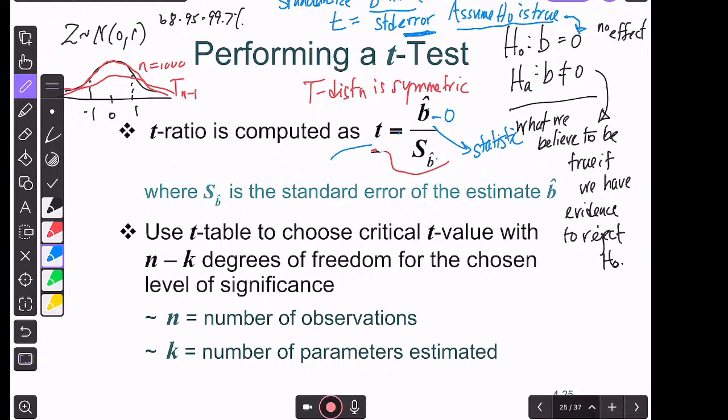This is also a statistic, because it's a number you calculate from a sample. So b hat is a statistic that you get from your sample. You standardize and get another statistic called t, all values computed from your sample. And what you're going to do is figure out, in standard deviations from the mean, how far you are from the mean. So this number gets converted to standard deviations from the mean.